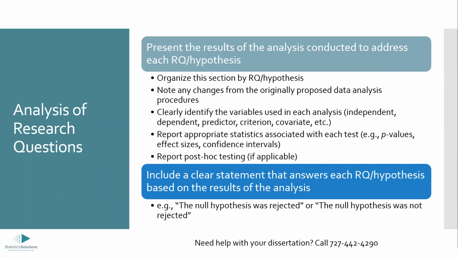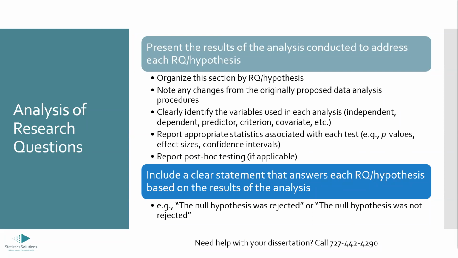And similar to the data collection section, you do want to note any changes from the originally proposed data analysis procedures from your proposal. You do want to align your data analysis procedures with your proposal as much as you can. So assuming that you didn't have to make any changes for any reason, the data analysis procedures that you actually follow in your results chapter should directly align with what you proposed in your methodology chapter.